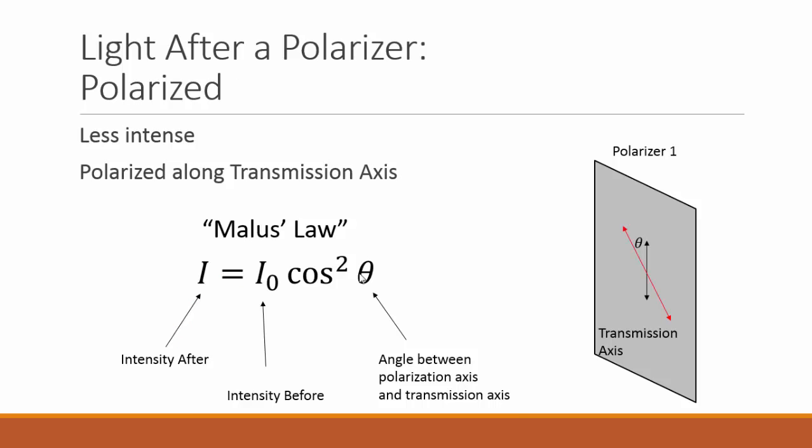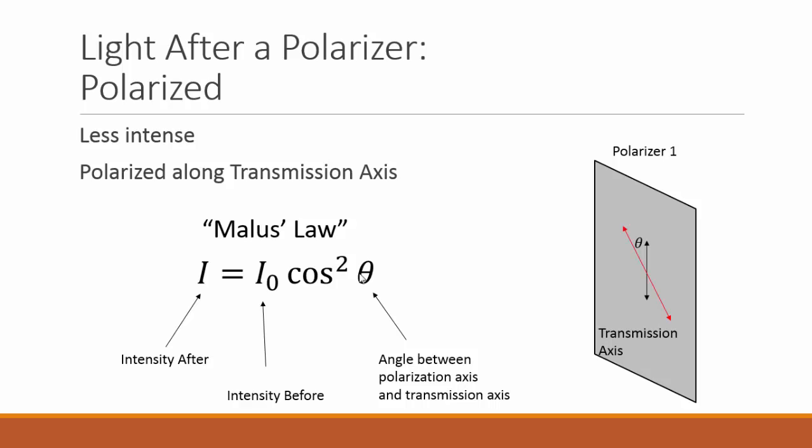On the other hand, if you have polarized light, perhaps light that has already gone through another polarizer, that goes through a new polarizer, it also becomes dimmer. Some of the light is blocked and some does not transmit through. But it isn't as straightforward as a factor of 2.